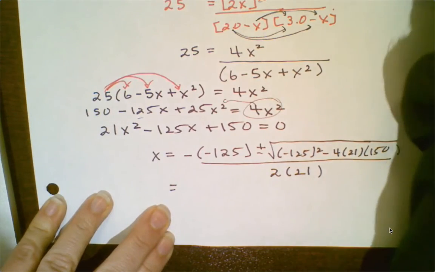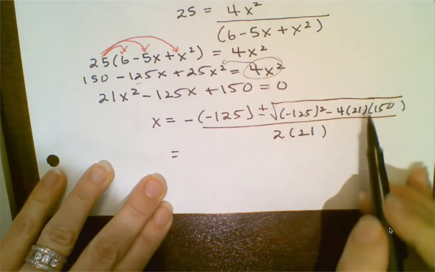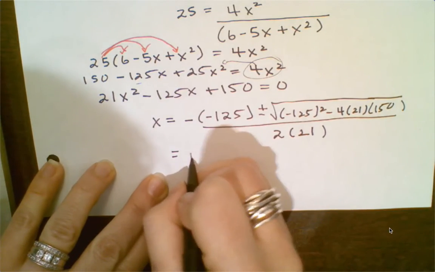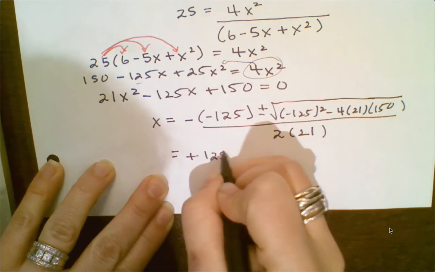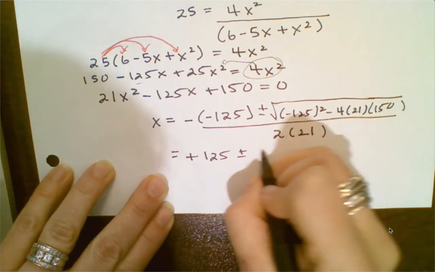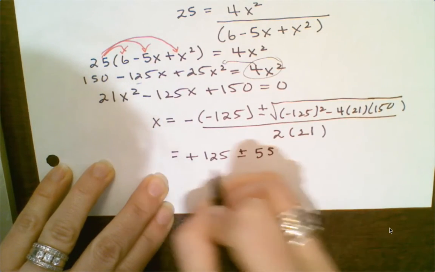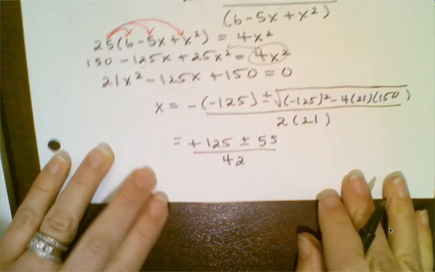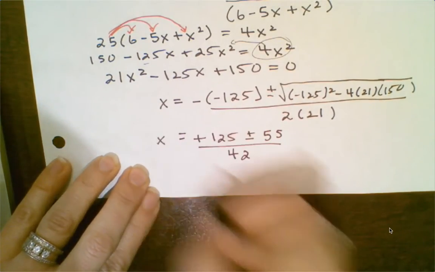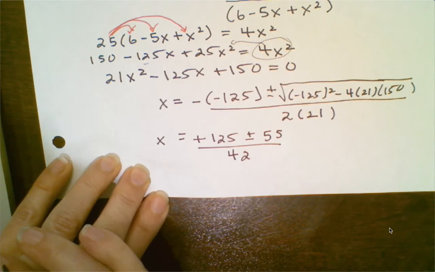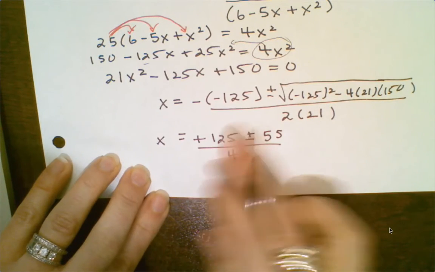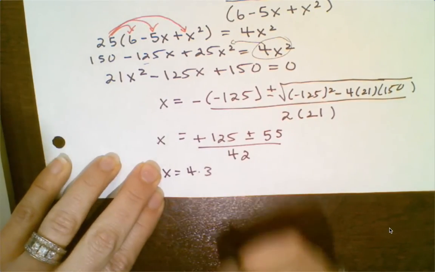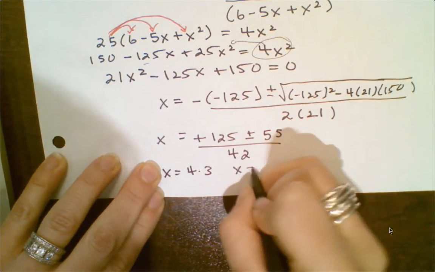When I put that into my calculator and do everything underneath the square root sign, I end up with positive 125 plus or minus 55, all divided by 42. Then we know that X is going to give you two different values. In this case, I end up with X equals 4.3 or X equals 1.7.